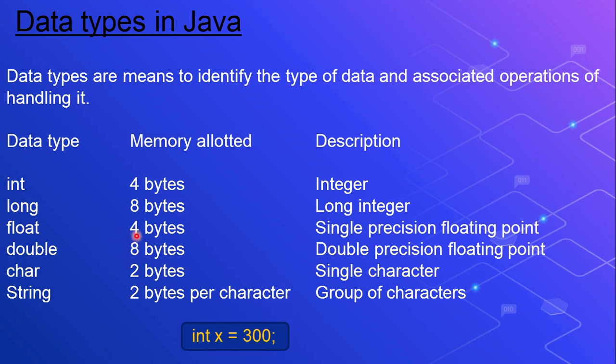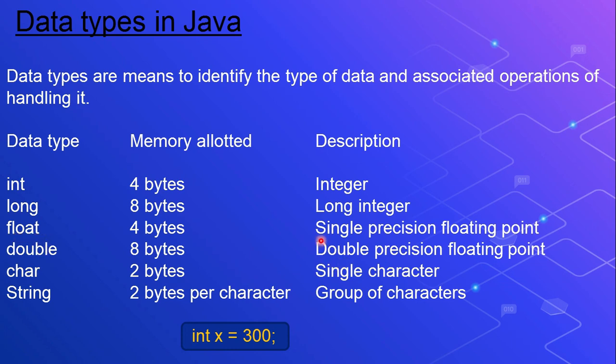So we can say float is the smaller data type compared with double. Their accuracy is also different. Float has less accuracy compared with double, so we can say double is more accurate than float.